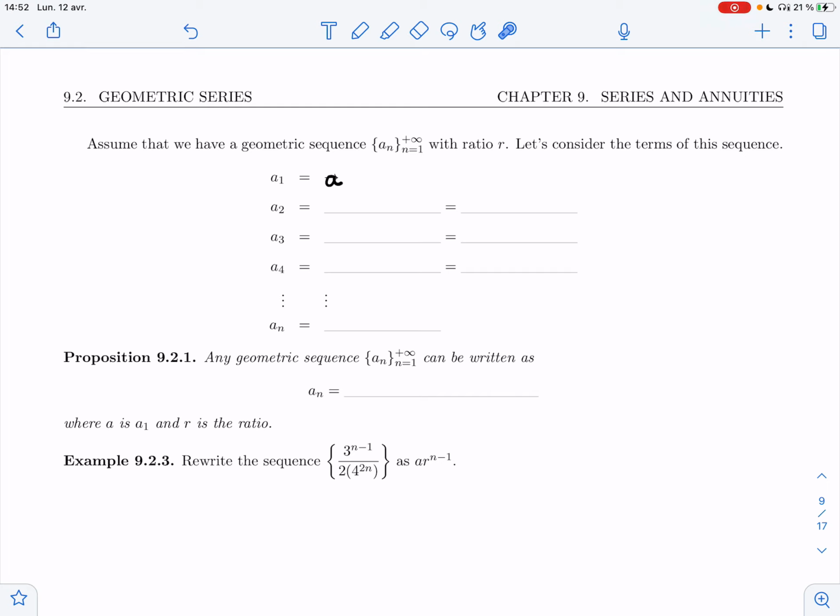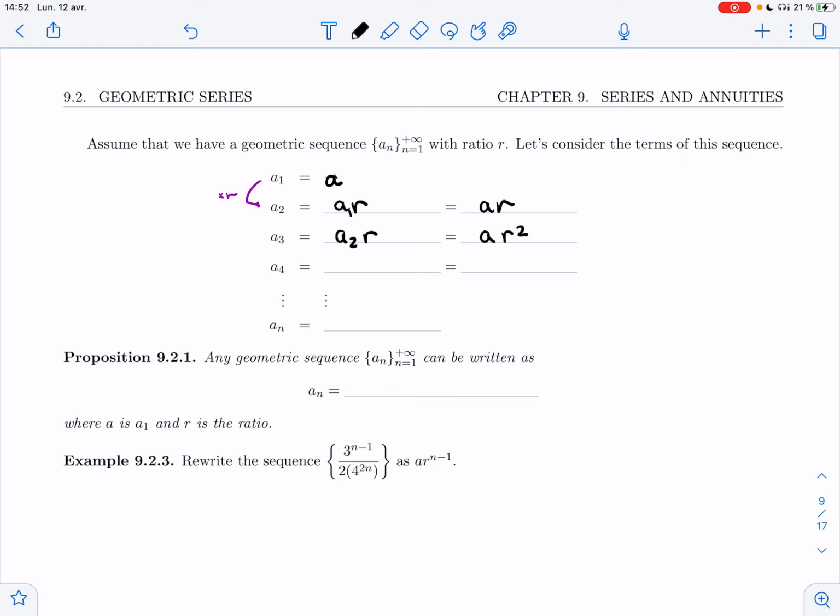So a1, I'm just going to call it a. a is the first term. You could call it a1. a2, well, every time I go down one step, I multiply by r. So a2 will be a1 times r, which is a times r. a3, well, I multiply a2 by r, and so I'm going to get an extra r, so r squared.